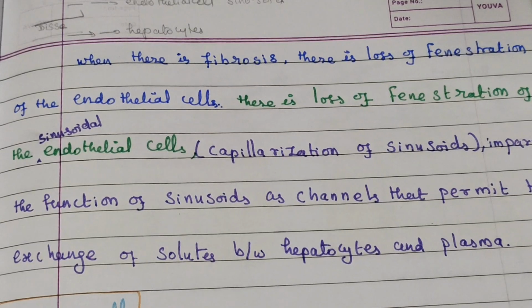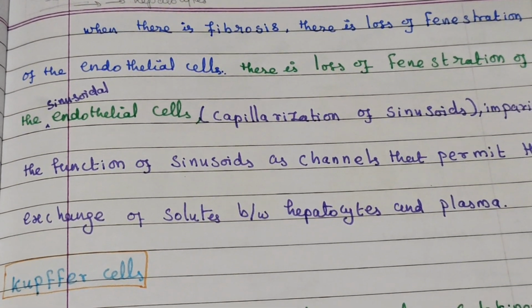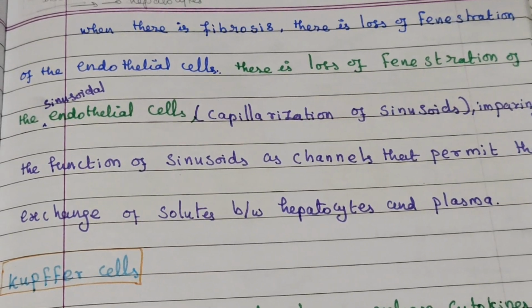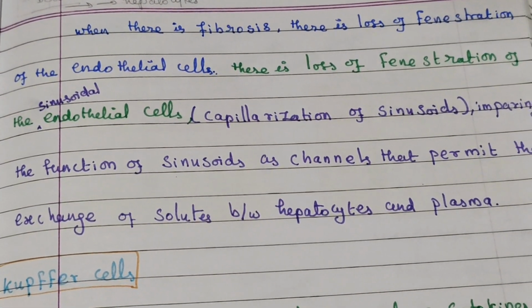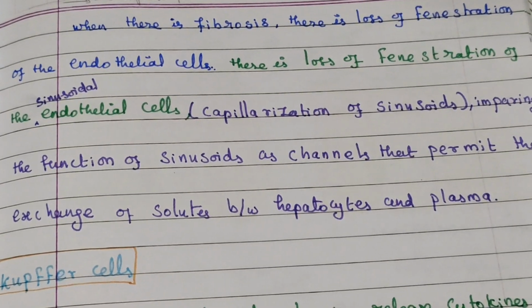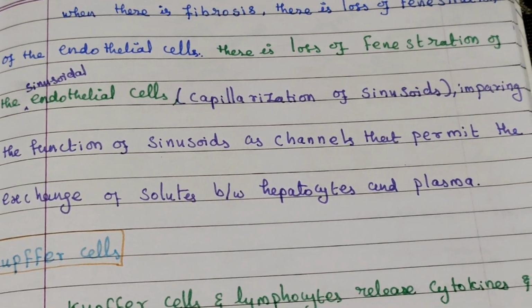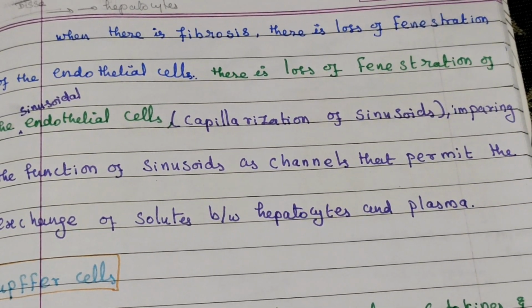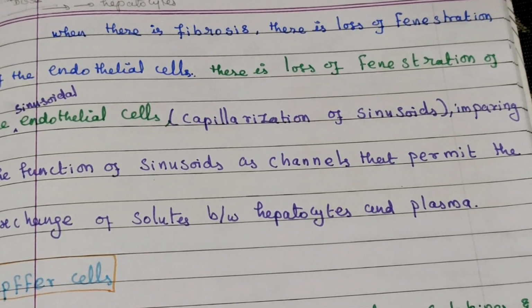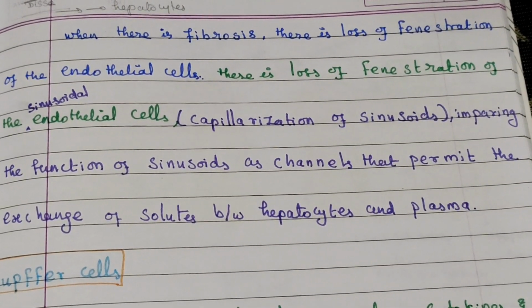This is known as capillarization of sinusoids. Normally, sinusoids are lined by endothelial cells which are discontinuous, but in cirrhosis this discontinuous state is lost, which is known as capillarization of the sinusoid.